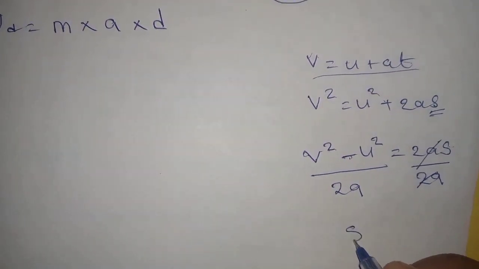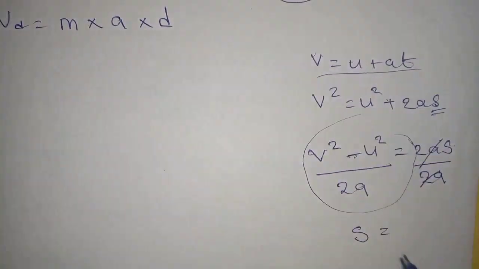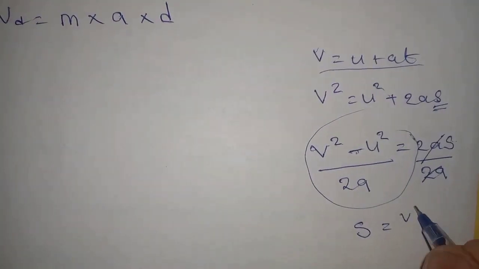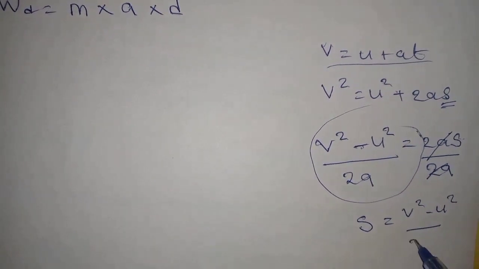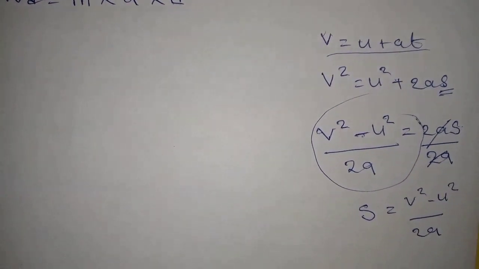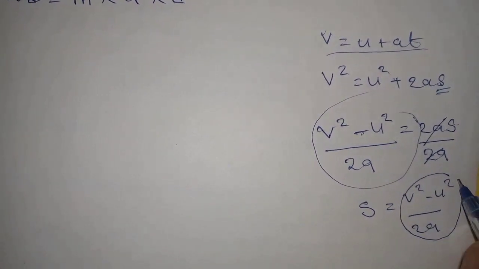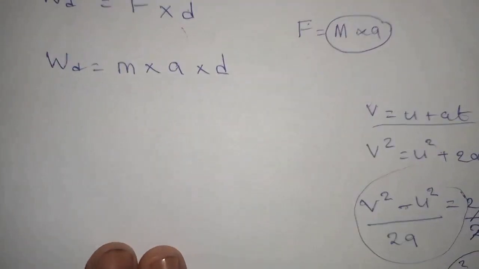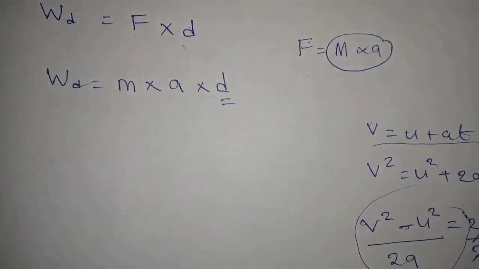That will be s. So definitely our s is this expression here: v squared minus u squared over 2 acceleration. So I'm going to get this expression here and replace it with my d here.